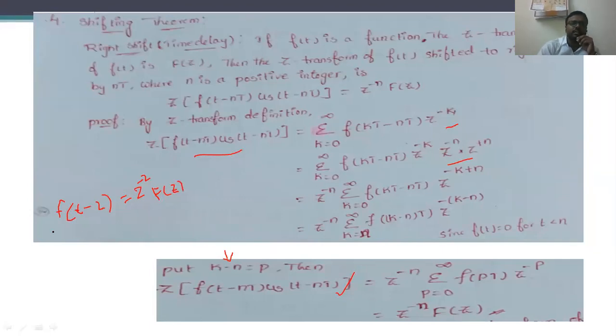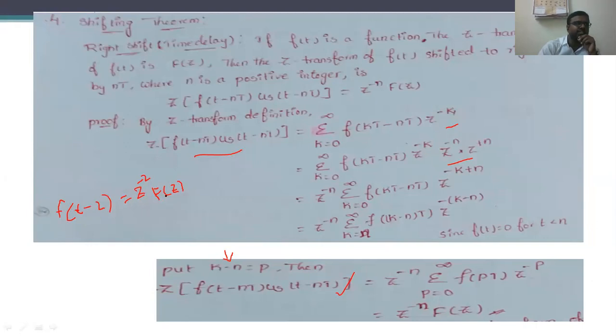Okay. So let us suppose a function we are having, f of t minus 2 or t minus 3 or t minus 4, whatever it may be, can be represented as z power minus 2 into f of z.